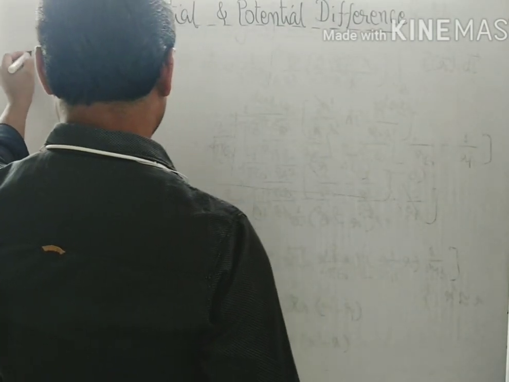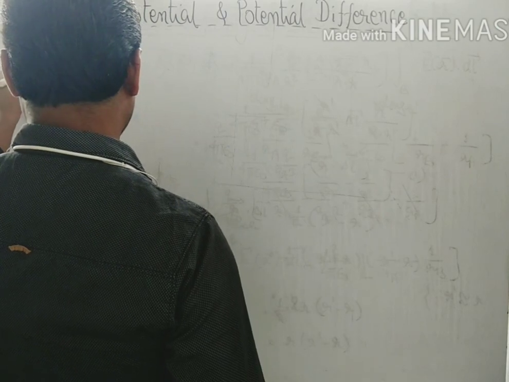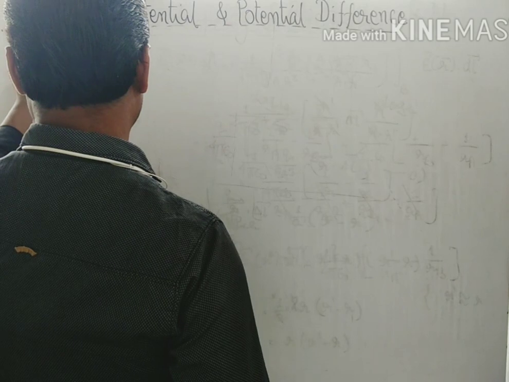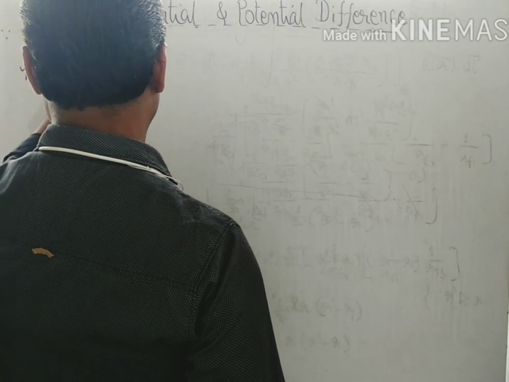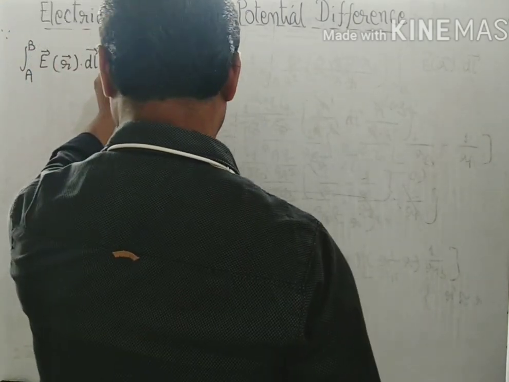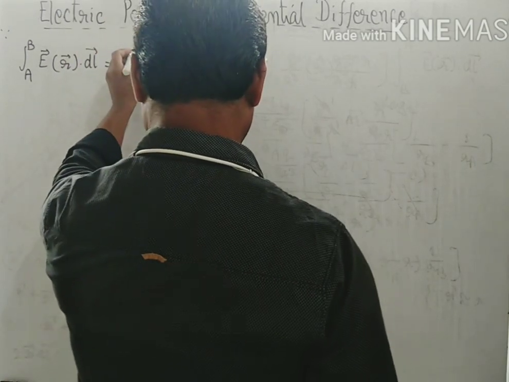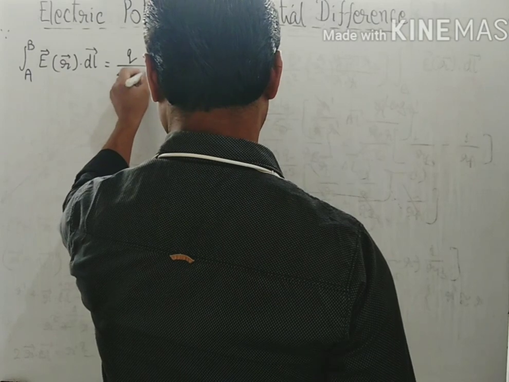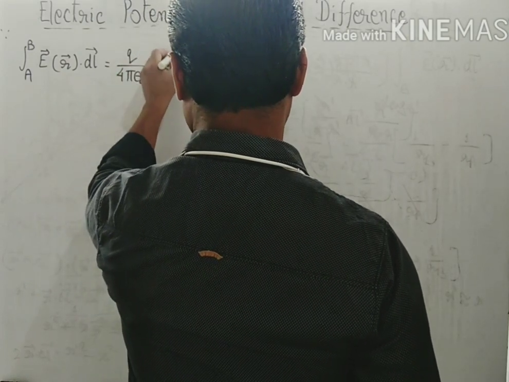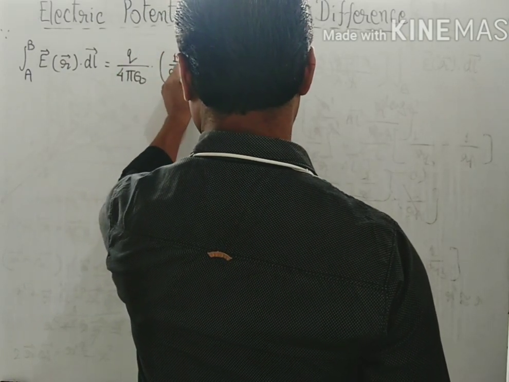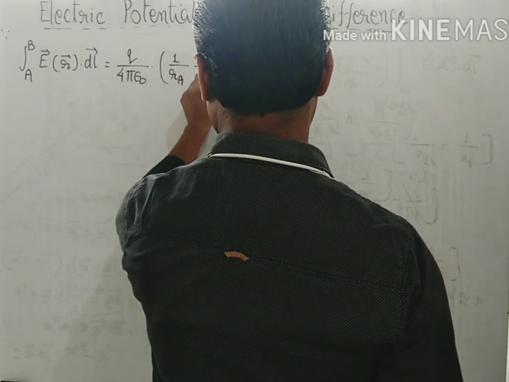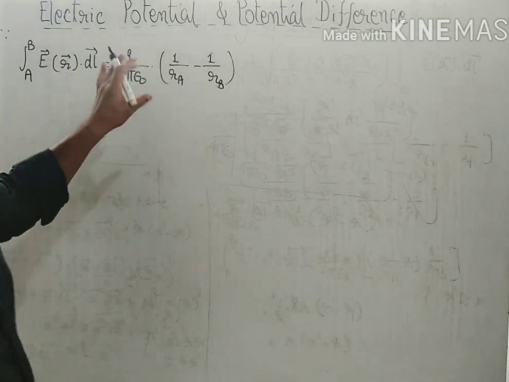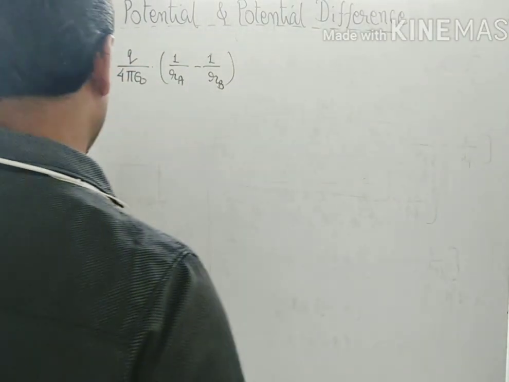The integral from A to B of vector E as a function of r dot dl is equal to Q upon 4 pi epsilon naught into 1 upon Ra minus 1 upon Rb. This we have just derived in the previous topic.